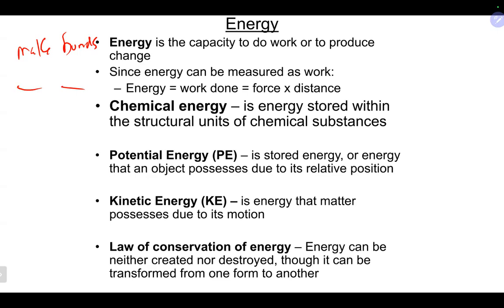So a process where we make bonds is referred to as releasing energy. It's the opposite if we are going to break a bond. If we have a bond there, everybody's bonded together, we put energy in. When we put energy in, everybody gains enough energy that they can wiggle away from each other, and that bond is broken.